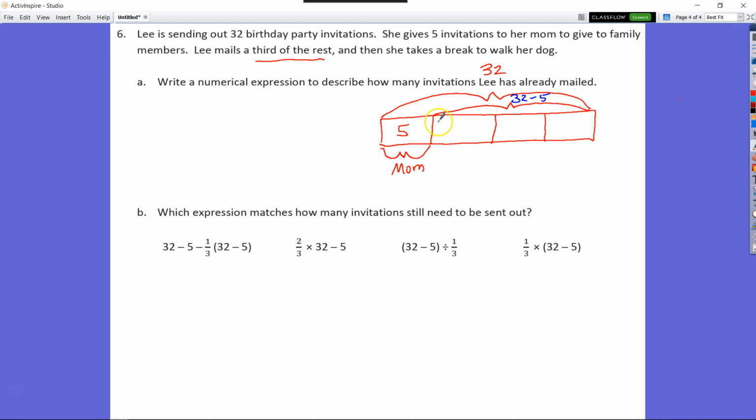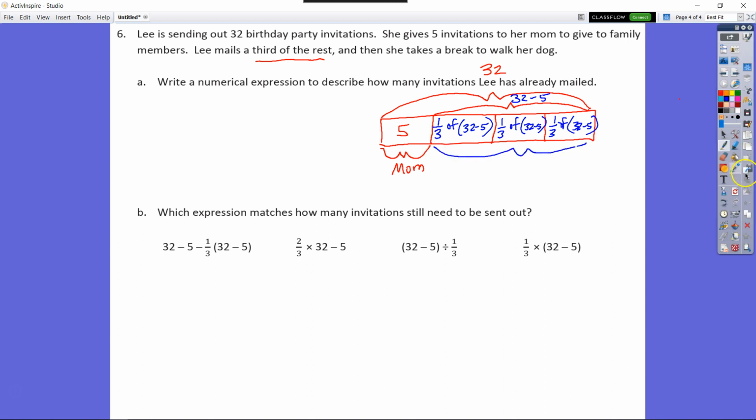So now this is 1/3 of 32 minus 5, and each of them will be the same. So that would be 1/3 of 32 minus 5. And lastly, 1/3 of 32 minus 5. So now this is what she mailed out. Oops, excuse me, not the whole thing. She just mailed out one of those.